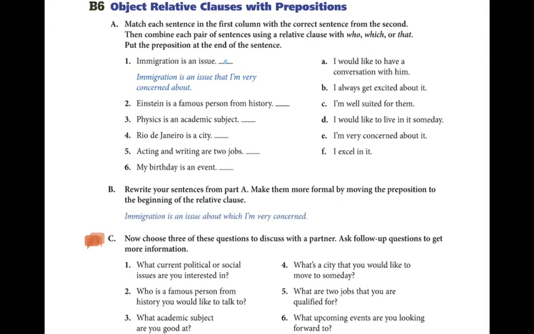Now, when you rewrite your sentences from Part A, you can make them more formal by moving the preposition to the beginning of the relative clause, like this. Immigration is an issue about which I'm very concerned. This is rather formal. So you won't hear people saying this type of sentence, but you might read sentences of this nature.